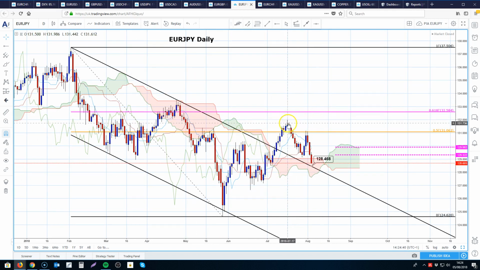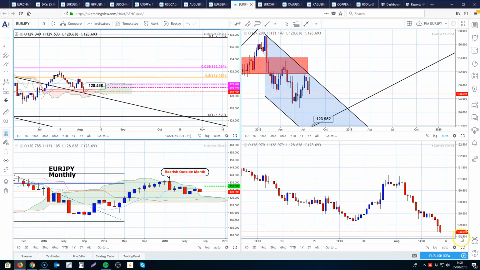We stalled, reversed in between the 50 and 61.8% extension level. We've now got bespoke support at 128.46, so it'd be pretty unwise to sell euro yen at the beginning of the week. To the upside, 129.32, 129.90 is our bespoke resistance, like I say, at the beginning of the week.